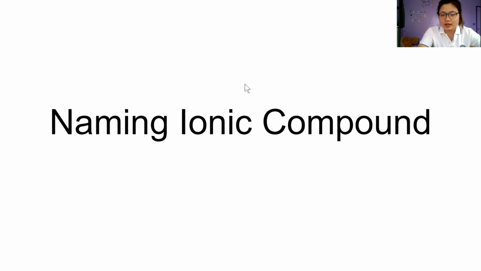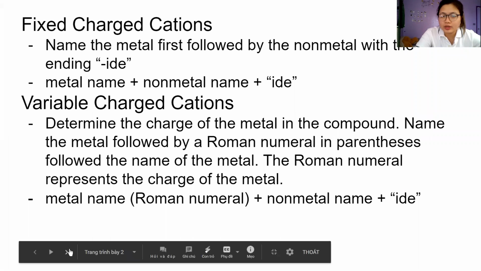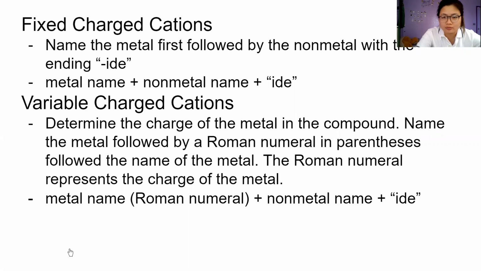Okay, so today I'm going to do the presentation on how to name compounds, including ionic and covalent compounds. First we have to ask if it's a metal or non-metal, I mean, if it's ionic or covalent.